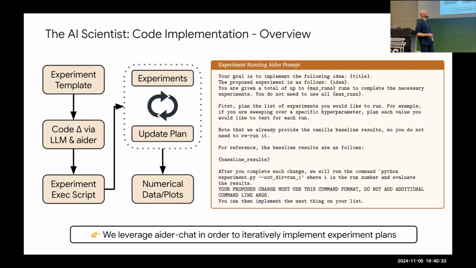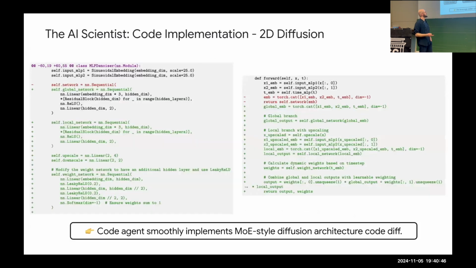So here, this is the prompt we use in Aider. Your goal is to implement the following idea. You have this many attempts to do it, and please, after having done it, execute the experiment. What we're showing here is, for this idea, which I showed you before, dual scale denoising, how Aider implements these code diffs.